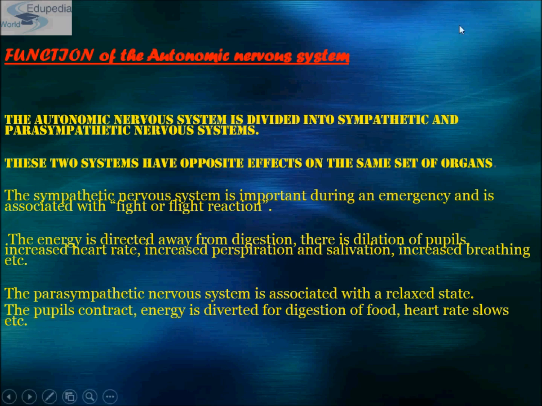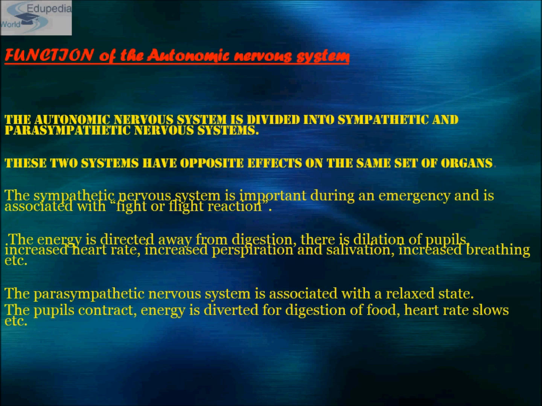The sympathetic nervous system is important during an emergency and is associated with the fight or flight reaction. The energy is directed away from digestion. There is dilation of the pupil, increased heart rate, increased perspiration and salivation, increased breathing, etc.